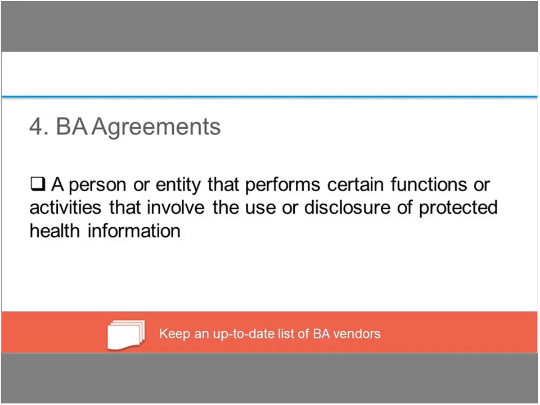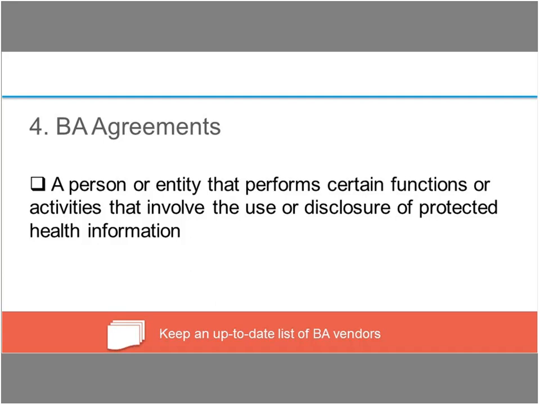And of course, in the settlement examples that I showed you earlier, we do have cases where entities were penalized because they did not have a valid business associate contract with the vendors they were doing business with, but they just shared the information, right?